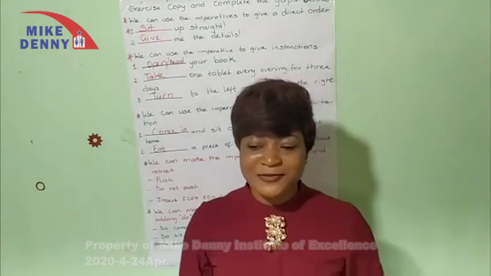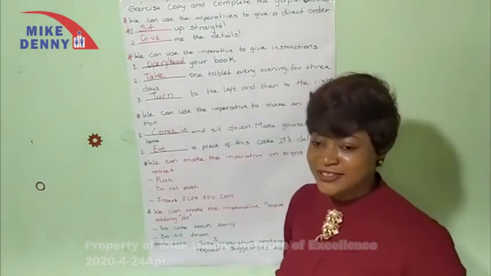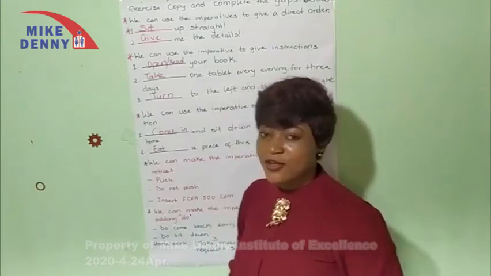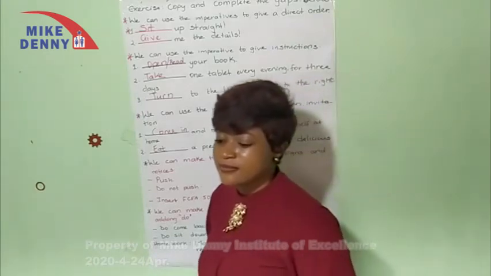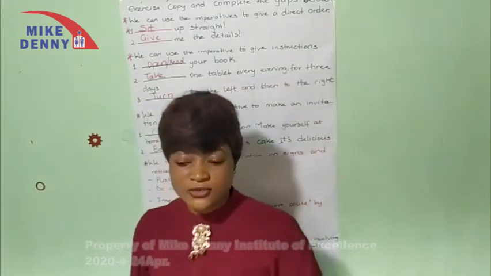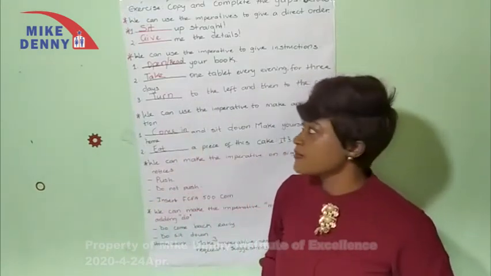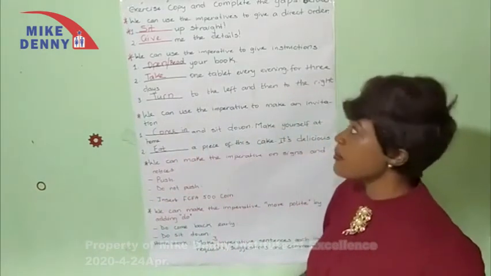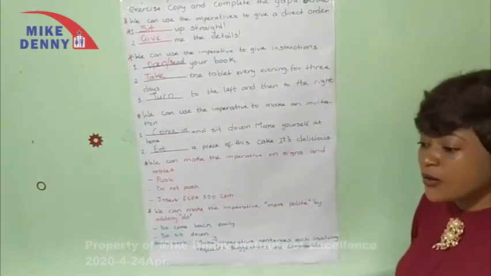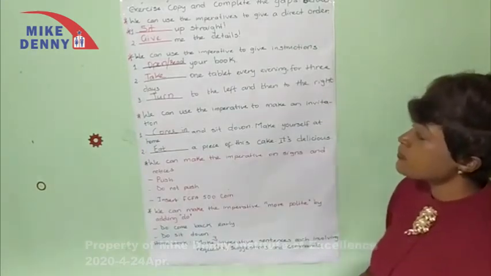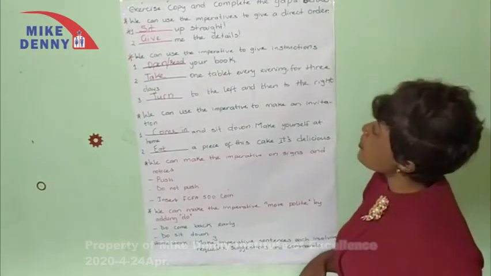You've done wonderful. But we shall still do it together for the others to follow up, because others have not yet understood. When we use imperatives to give a direct order or a command, okay? We can use the imperatives.